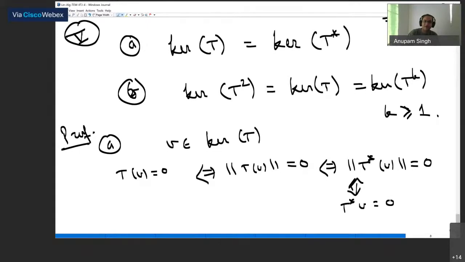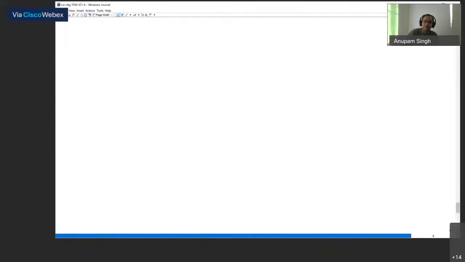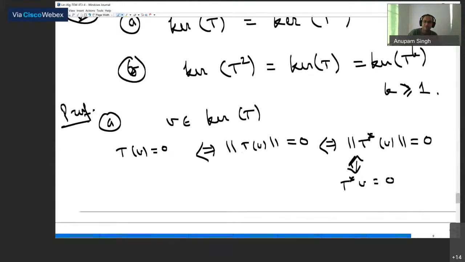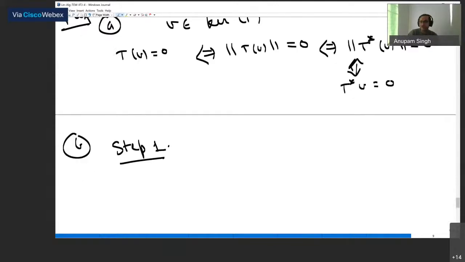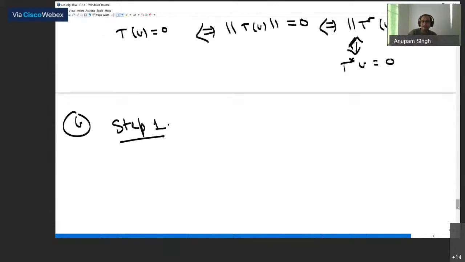The part B requires a little bit of proof, and let's do that. So proof of part B, we'll do in 2 steps. So step 1 says that this is also a property of normal operators.